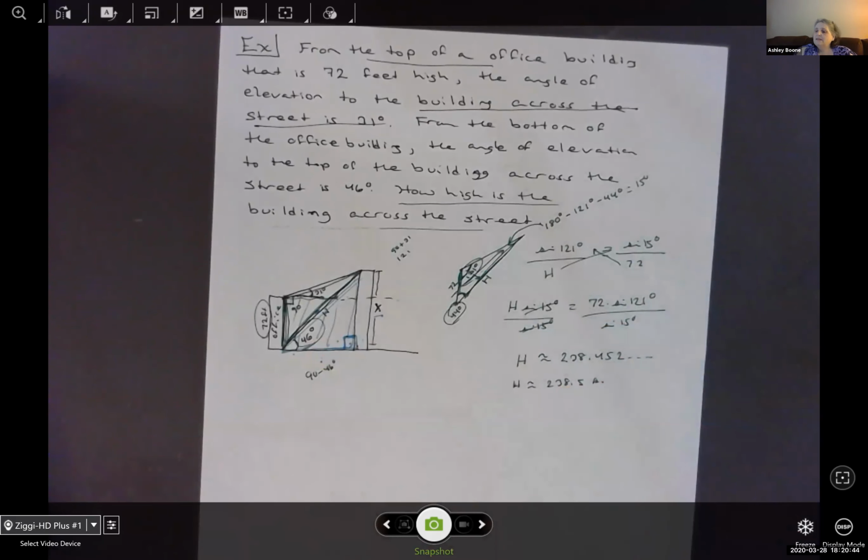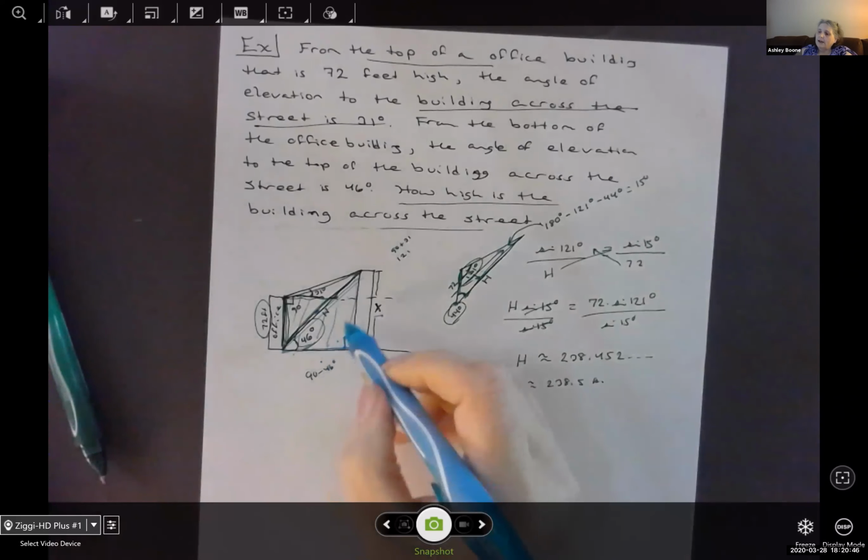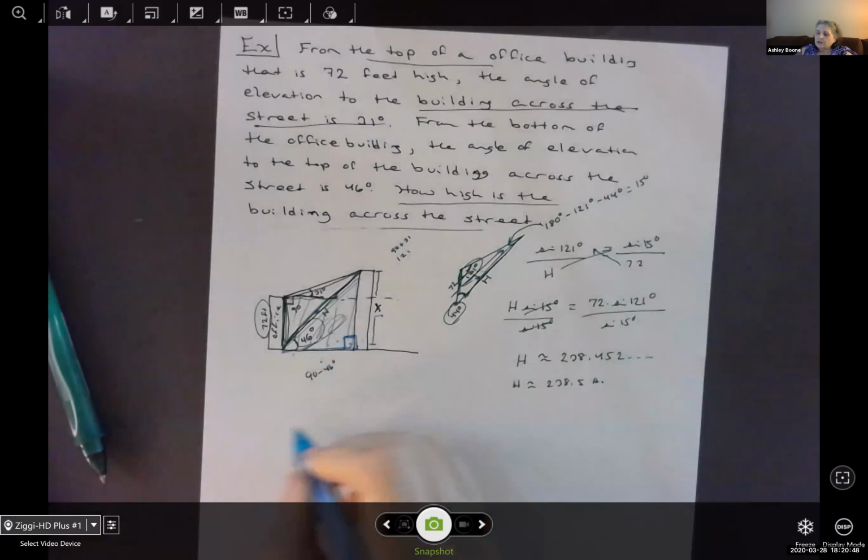Now here's the thing. What that means is in that lower triangle, it's actually a right triangle. I know this angle is 46 degrees. I know I'm looking for side X. And I just found that this hypotenuse is 238.452.